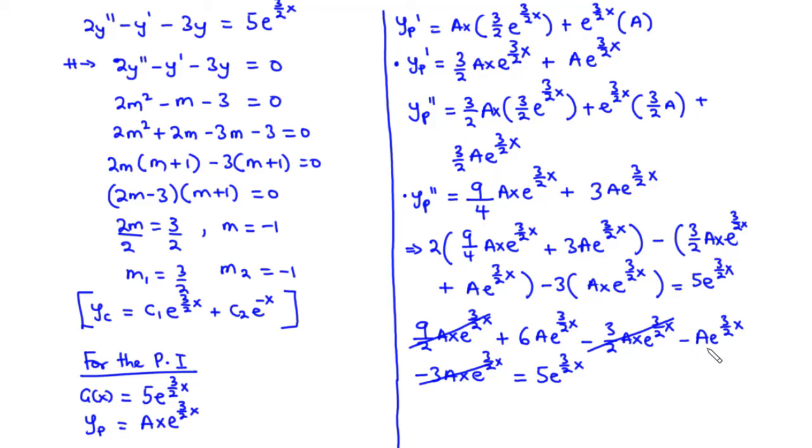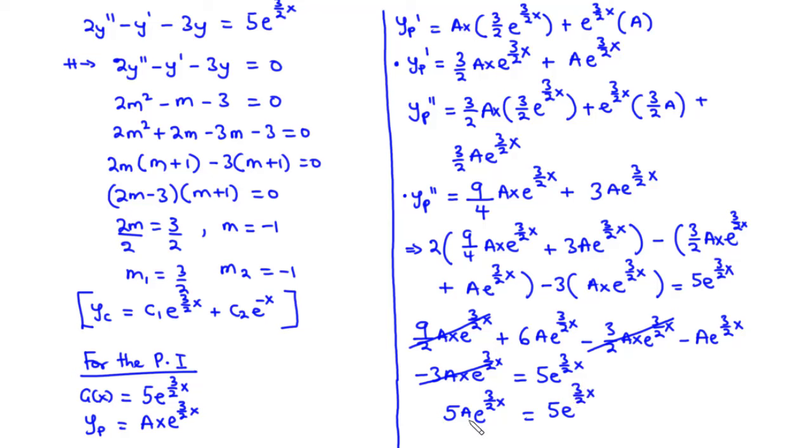negative a, and then 6a minus a is 5a. Take notice of the coefficient of 6a and a. We have the coefficient to be e to the power 3 over 2x, and that is equal to 5e to the power 3 over 2x.